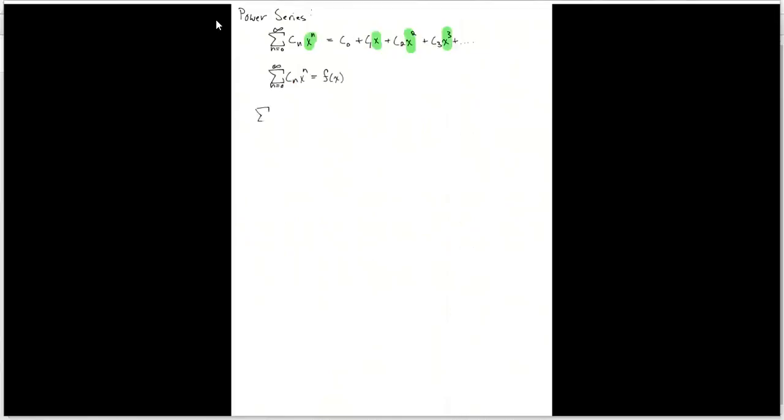So let's look at the sum. And this is the more general way that this is written. So we've got C_n, and now we've got (x minus a)^n, where a is a fixed constant. And this is the power series centered around a. There's a few other terms for it. So there's three things that can happen with this power series.